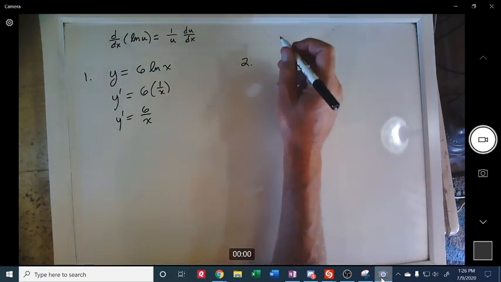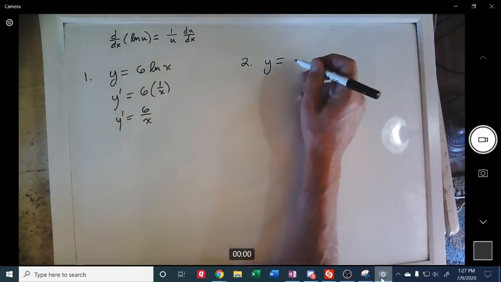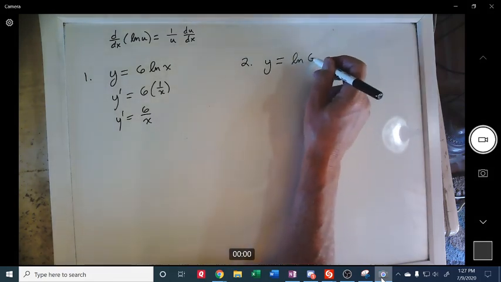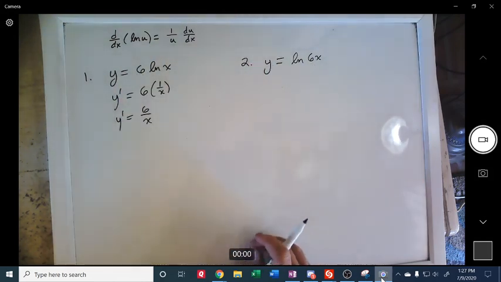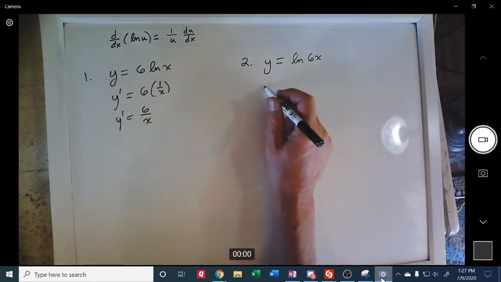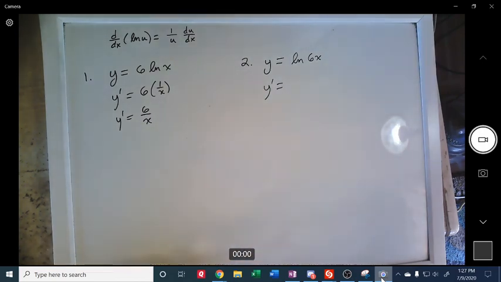Now, let's look at this problem if we made this slight modification. Instead of the 6 being out front, the 6 is inside. Find y prime.